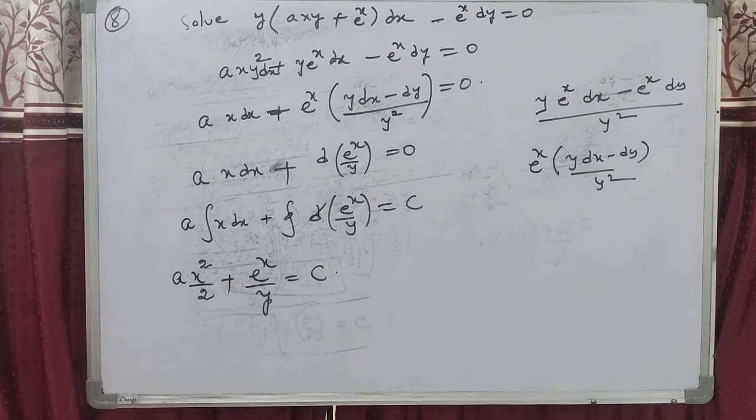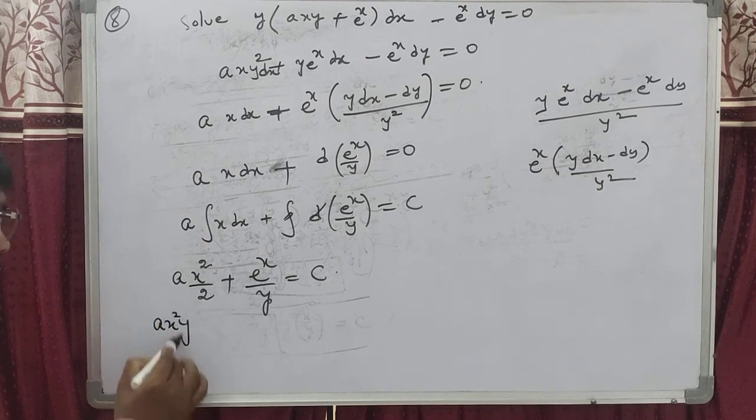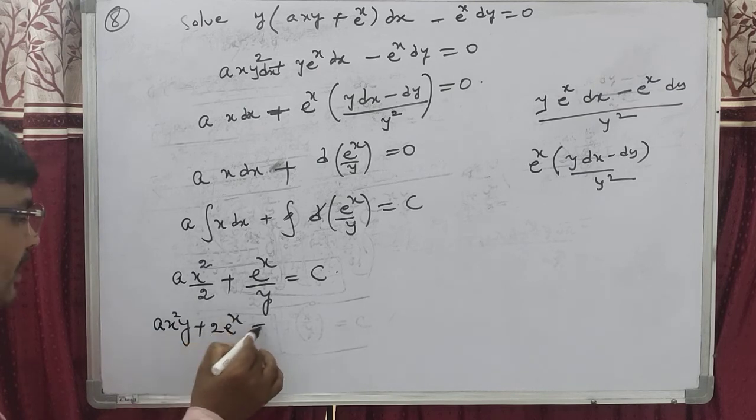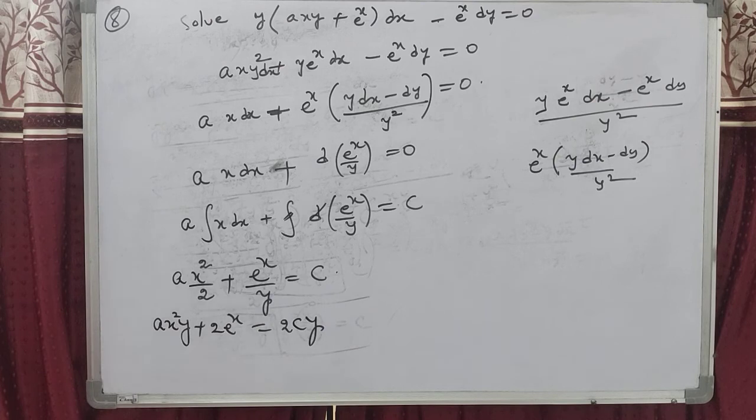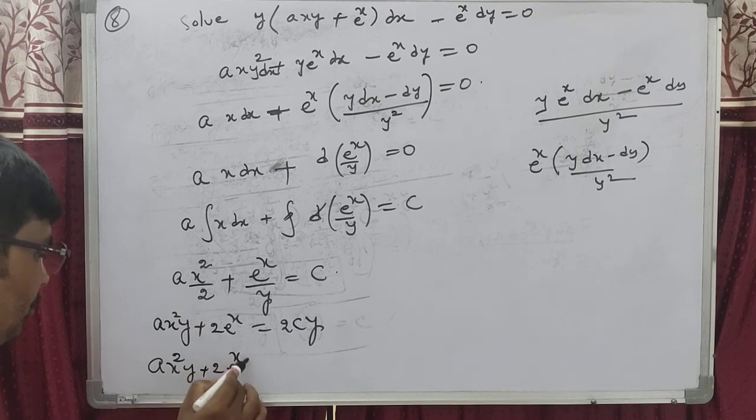So my dear students, when taking the LCM as 2y, we got a into x square y, plus 2 into e power x, equals 2cy.